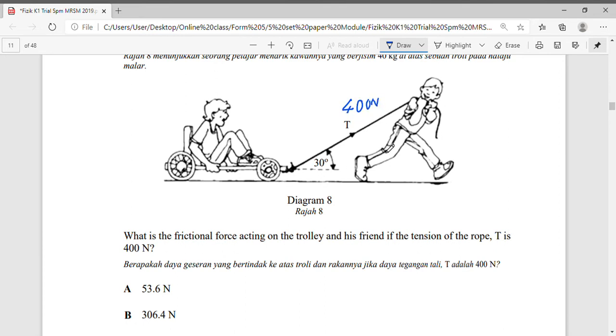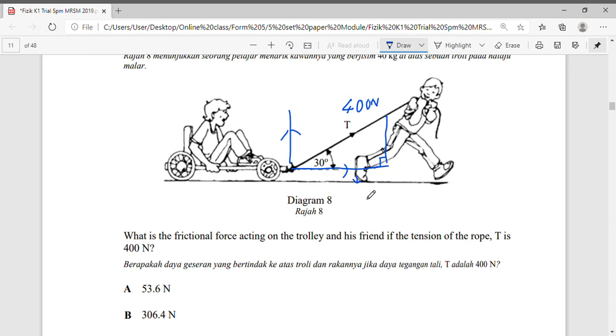First, we have to resolve this force into the x and y axes. These tensions we can resolve into x and y. If you draw 400 like this, you can draw a right angle triangle. Remember, for the horizontal, are you going to use sine or cos?